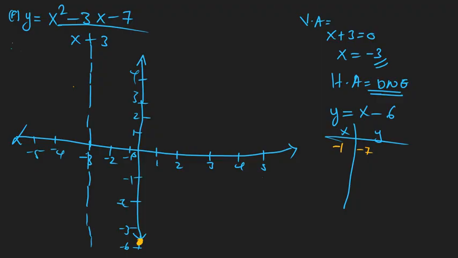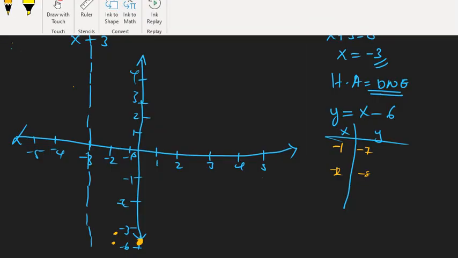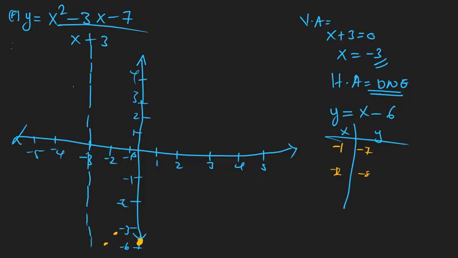If x is negative 2, y is equal to negative 8. So negative 1, negative 7 is somewhere here. Then negative 2, negative 8 is somewhere here.